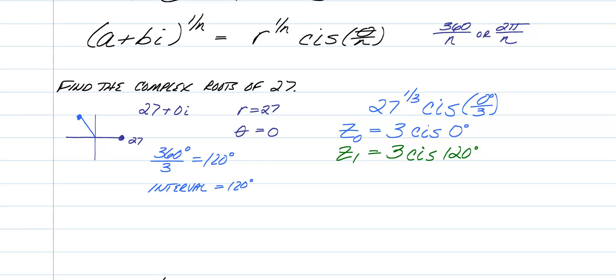Then we go 120 more, to 240. That is z sub 2, the second interval: 3 CIS 240 degrees. If you added 120 to that, you would be back at z sub 0 at 360 degrees, which is the same as 0 degrees. That's all you have to do to take a complex root of a number.